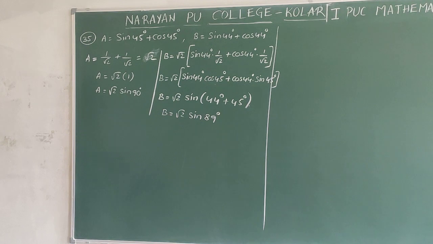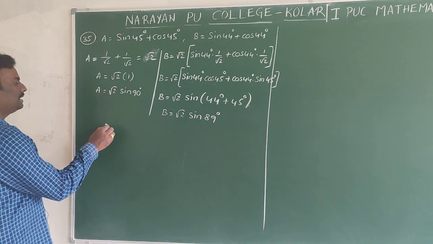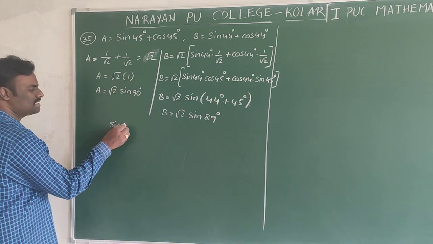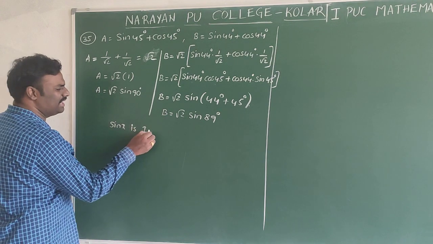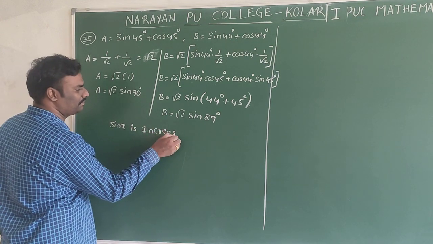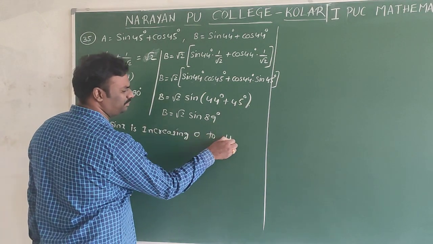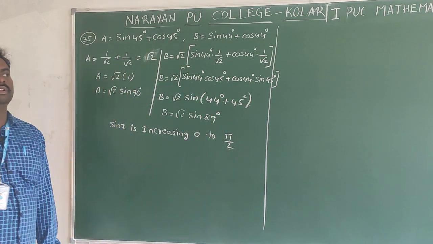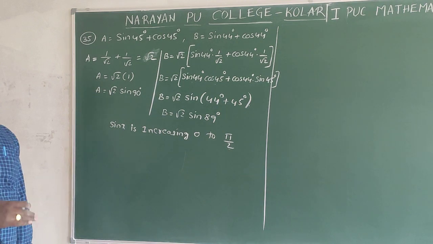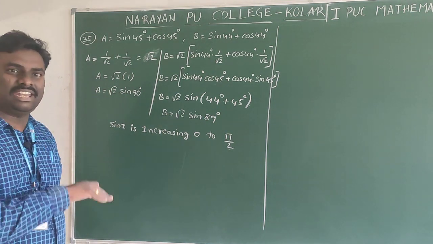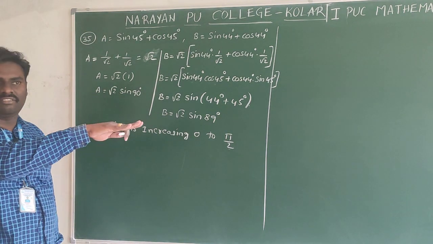See, both came in the same form, but sin x is increasing from 0 to pi by 2. According to this, sin 90 value is more, since it is increasing from 0 to 90.